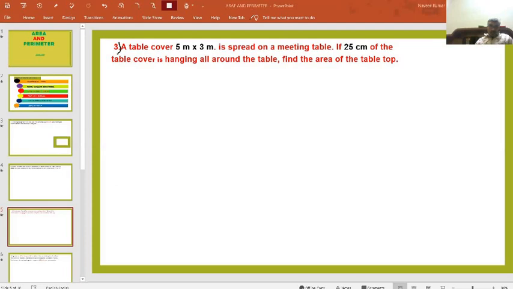Let us first of all suppose this is the total area of the table cover, and this is the top of the table.